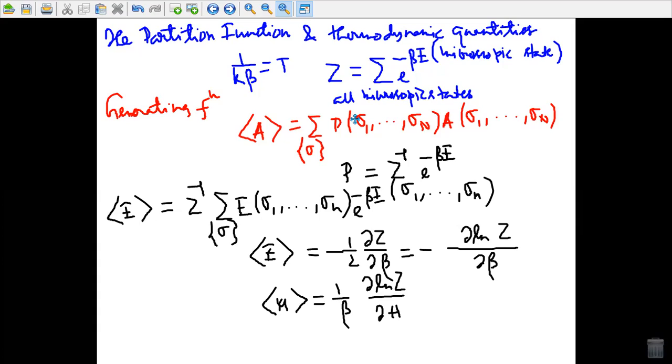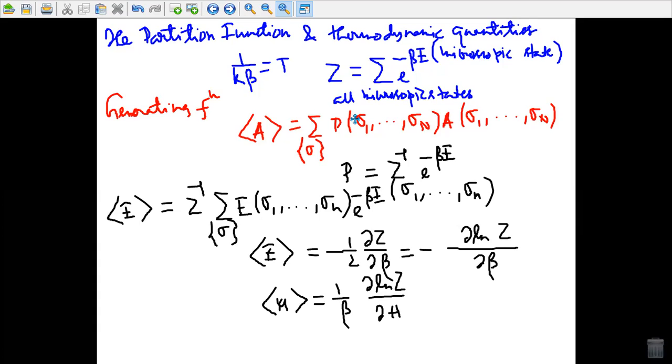So this function, known in probability theory as the generating function, is very useful in calculation of averages. And the idea is that we can replace the computation of the average of many observables with the computation of the derivatives of Z with respect to the appropriate control variables.